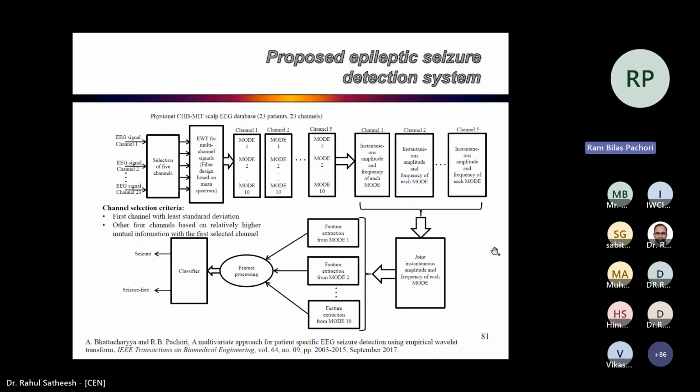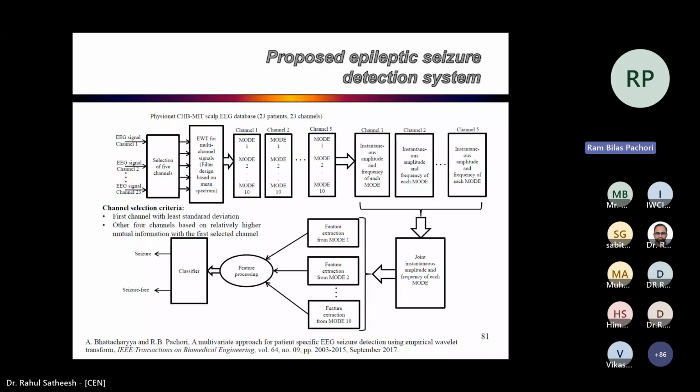The filter design is based on the mean spectrum. For all 5 channels, each channel gives you 10 modes, and for each mode we determine its amplitude and frequency for all 5 channels. After that, for a particular mode, we combine all channels together.